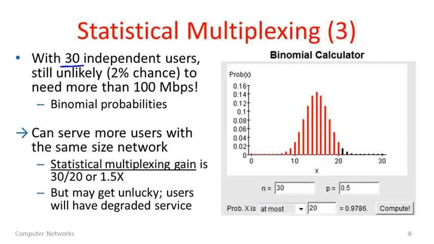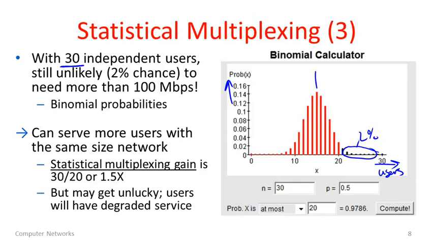And this graph here is showing you, versus the number of users on the x-axis, the probability that a certain number of users will be using the network on the y-axis. Now, it turns out that according to this, there is only a 2% chance that you'll have more than 20 users. So that's this tail here, more than 20. This is 2% chance. It's not very much.